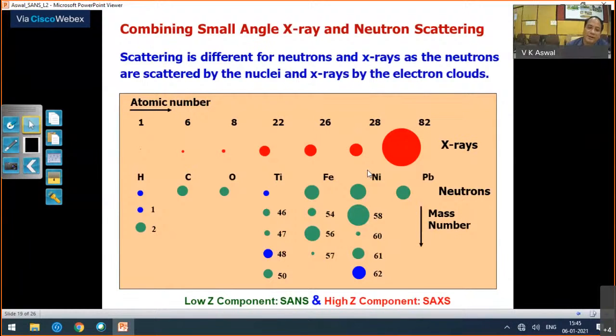You will see neutron and X-ray sources are at the same place. You will see this in Grenoble and also in Villigen, Switzerland, where neutron and synchrotron sources are close to each other, so that those who want to use both techniques can do so.